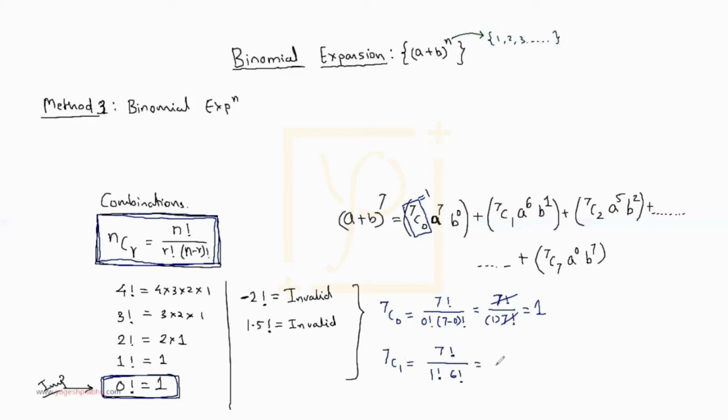So how will you write this? 7 factorial would be 7 into 6 into 5 into 4 into 3 into 2 into 1. 1 factorial value is just 1, and 6 factorial will be 6 into 5 into 4 into 3 into 2 into 1. Do you see, again this will cancel out with this, and only 7 by 1 remains, that means it will be 7. So we have the value of 7C1.